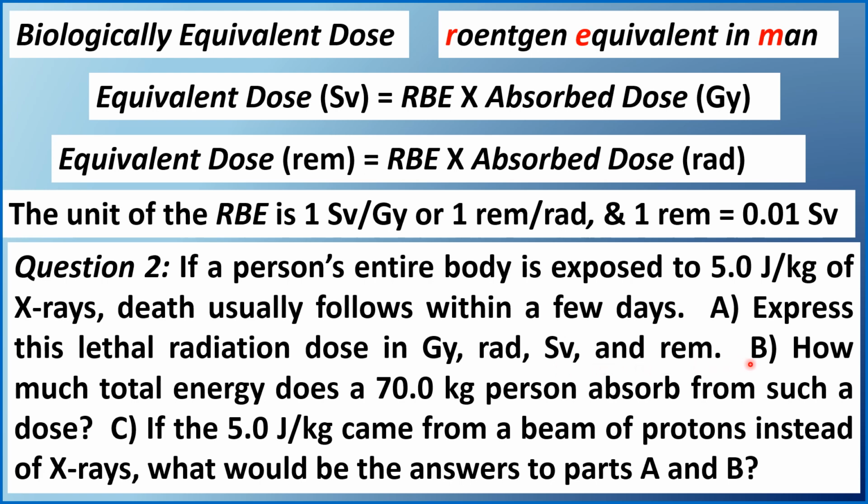Question letter B. How much total energy does a 70.0 kilogram person absorb from such a dose? And question letter C. If the 5.0 joule per kilogram came from a beam of protons instead of X-rays, what would be the answers to parts A and B? We'll have the solution and answers to these questions in a short while.